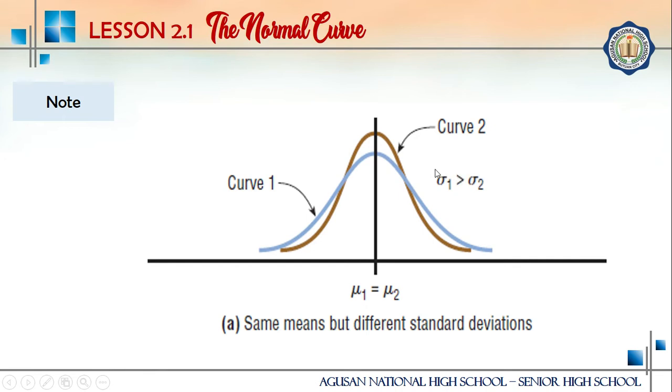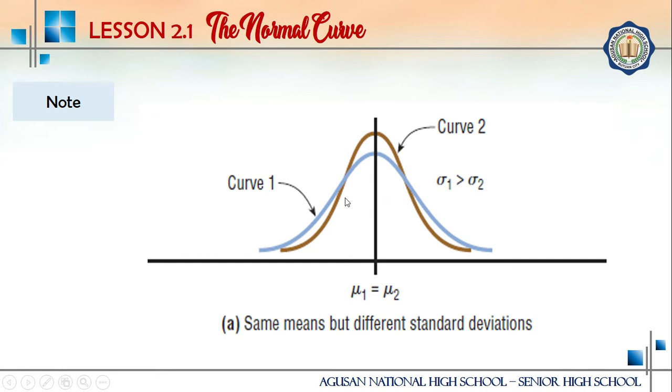So, the standard deviation of curve 1 is greater than the standard deviation of curve 2. So, the higher the standard deviation, the more spread out the data are. The lower the standard deviation, the more compressed the data are about the mean.